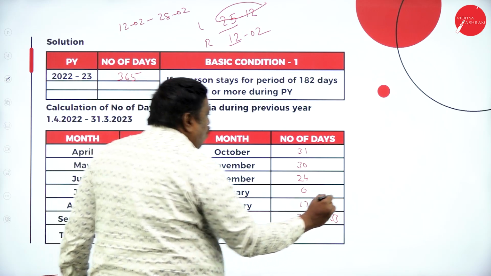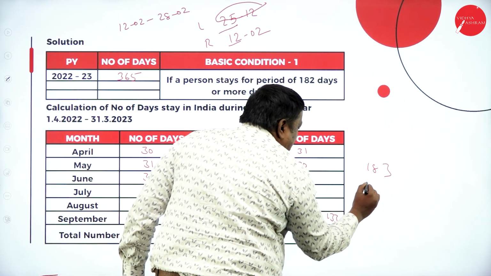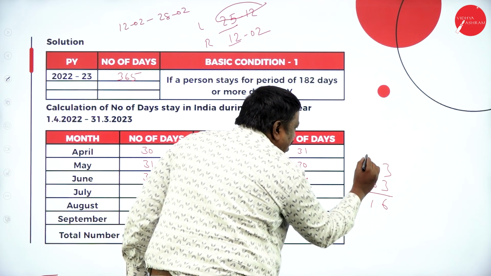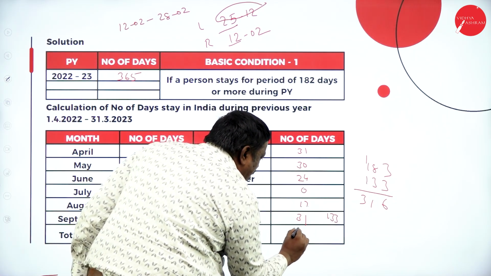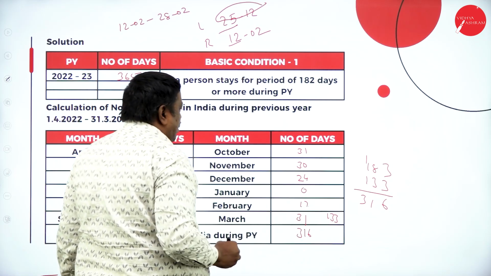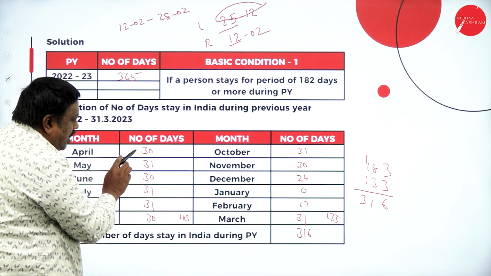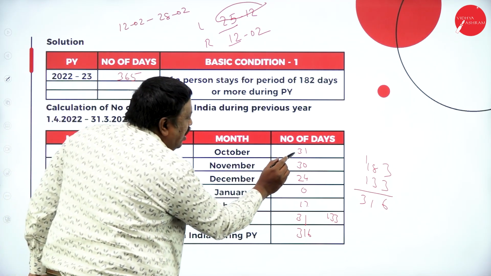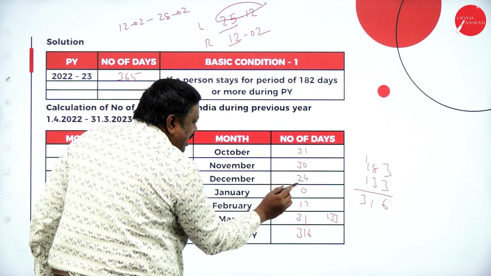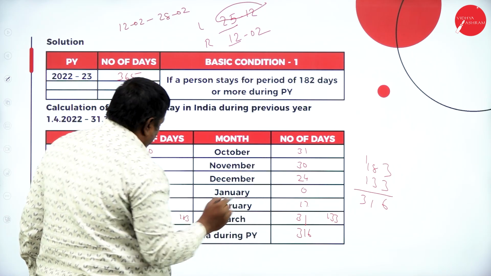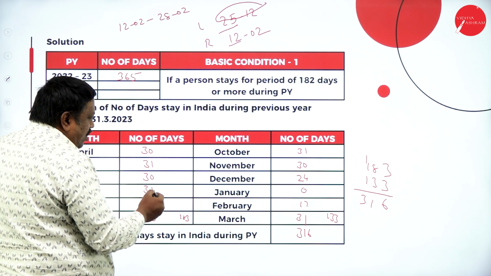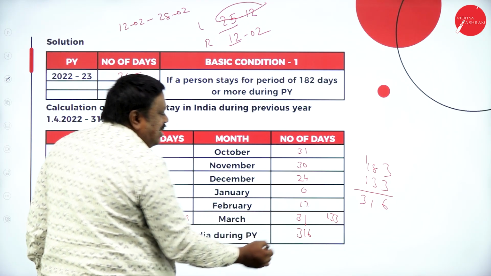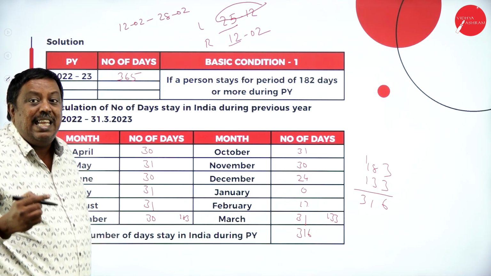So 183 plus 133, that is 316 days. 30, 60, 90, 120, 150, 180, 210, 240, 270, 300, and 16 more. So 316 days I was in India.